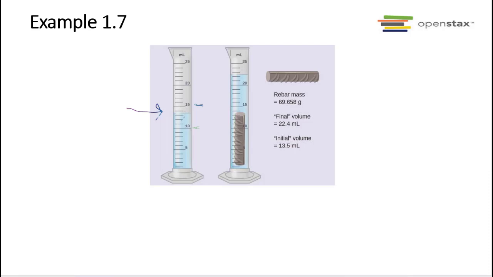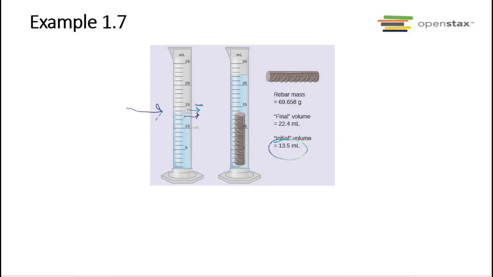Yep, each one is 1 milliliter. So therefore, since this water is in between this tick mark and that tick mark, I would need to estimate to the tenths where that water line is. So it's not 13, it's not 14, so they said that that initial reading was 13.5. You might have said 13.4.